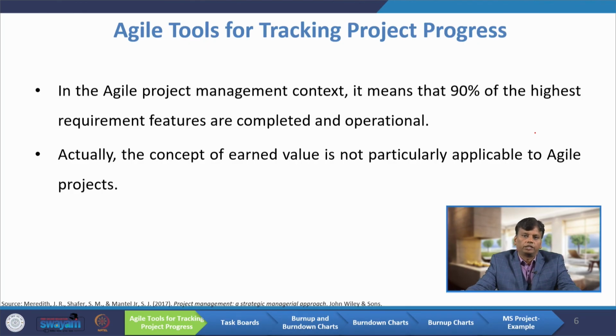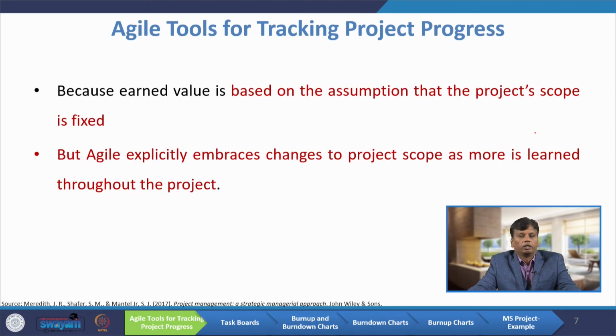So, the techniques we learned in the previous lecture on earned value analysis are not applicable for Agile projects, because earned value is based on the assumption that the project scope is fixed, but Agile explicitly embraces changes to project scope as more is learned throughout the project. So, the way we look at scope is a very important unique characteristic of Agile: in Agile project management, earned value analysis is not possible.